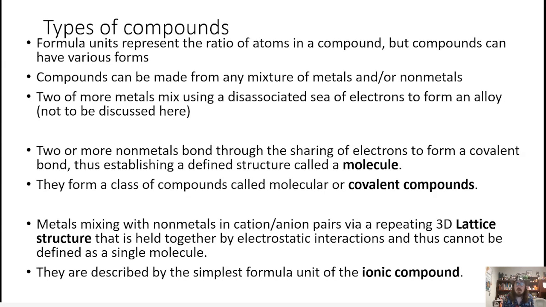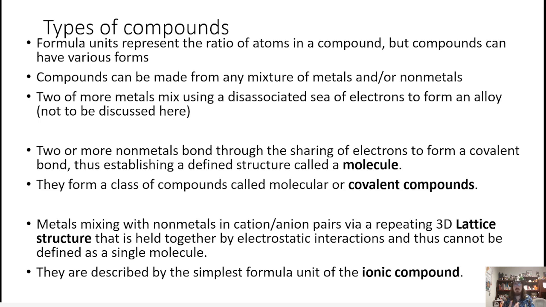Now, we'll talk about the different types of compounds. Not all of them will be discussed in this video because I'm going to split this apart. But the formula units represent the ratio of the atoms in a compound, but compounds can come in various forms. These compounds could be made up of a mixture of metals and or non-metals, and two or more metals can be mixed together using a dissociated sea of electrons.